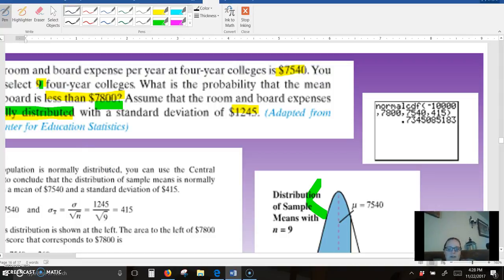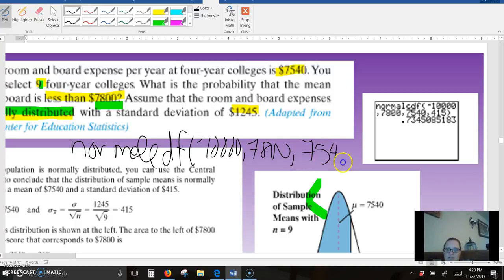So we're going to do our normal, and then we put the smallest number. We'll use negative 10,000, and then the biggest number for our interval. And then we put our mean. Then we need the standard deviation, but we can't put the standard deviation here, which is what we normally do, right?